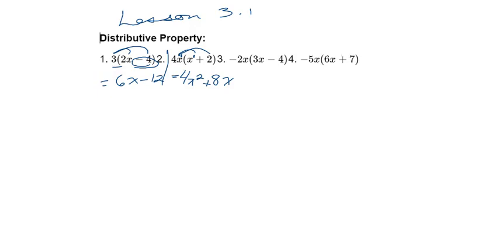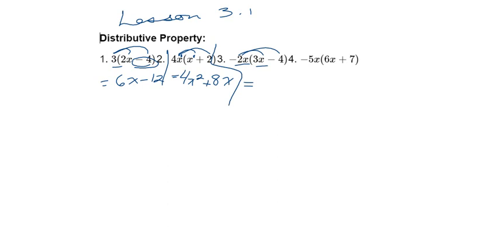So number 3 here, I've got negative 2x times 3x first, and then negative 2x times negative 4. Let's just divide that there so that it's clear.